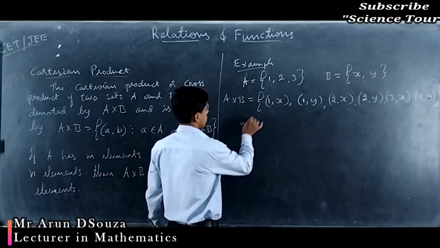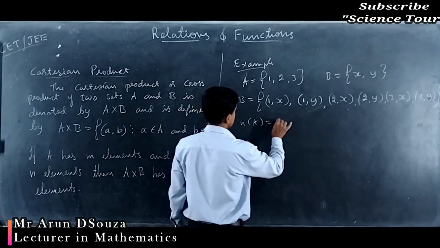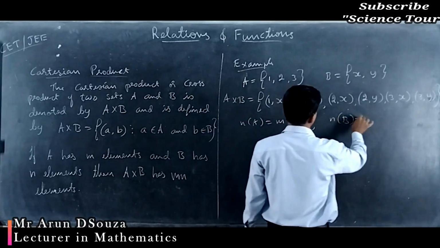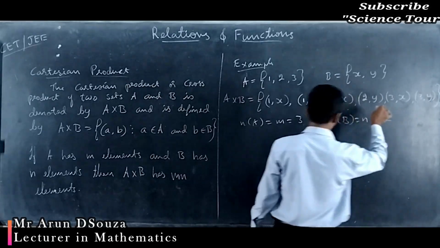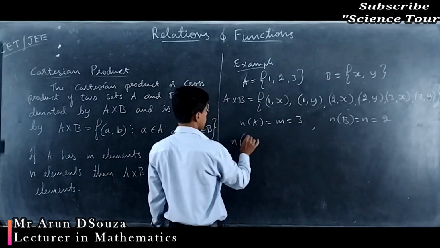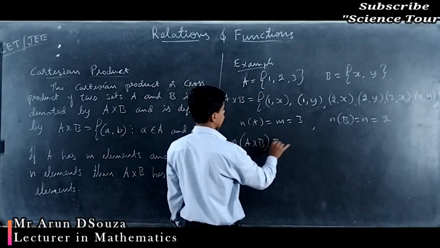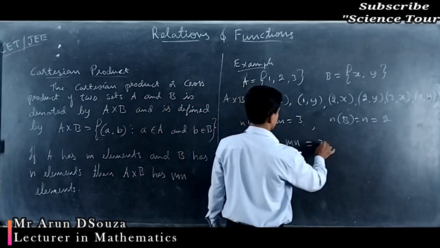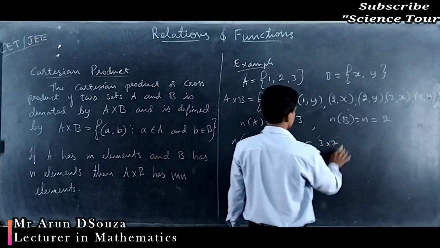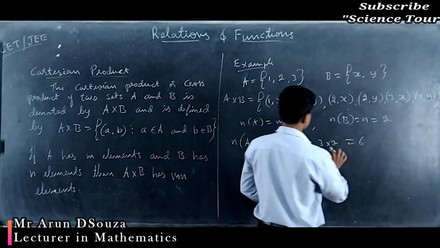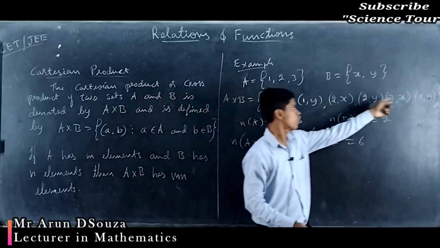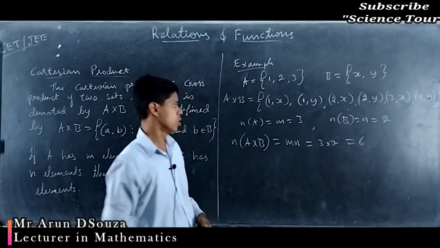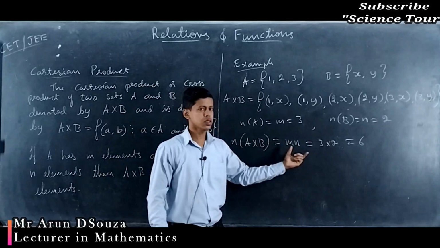So n(A) is m, which is 3 here, and n(B) is 2. Then what is the number of elements in A cross B? Yes, that is mn elements. That means 3 into 2, which is equal to 6 elements. So 1, 2, 3, 4, 5, 6. So there are totally 6 elements.